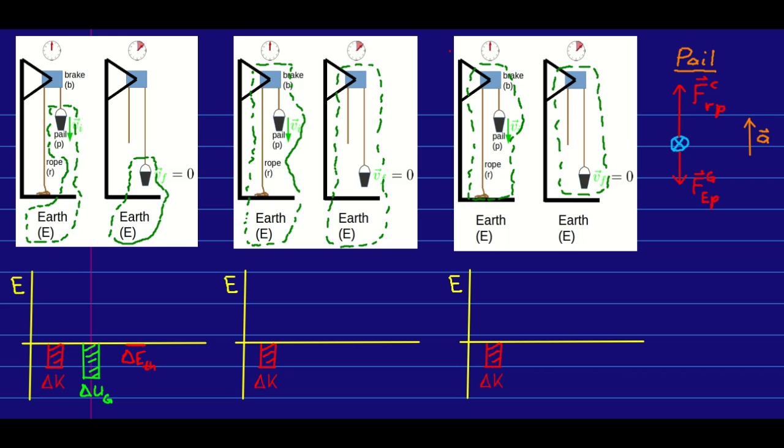Let's make sure that that's what we come up with when we analyze it. The gravitational force is an internal force, and so all we have to worry about is this force that the rope exerts on the pail. That points up and is an external force, but the other thing to notice is that the force displacement points down.